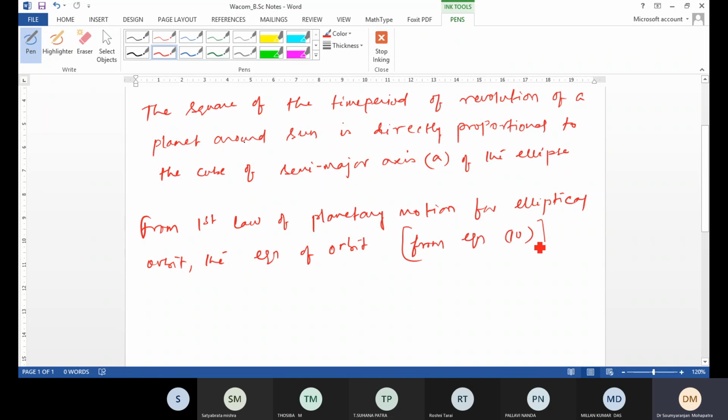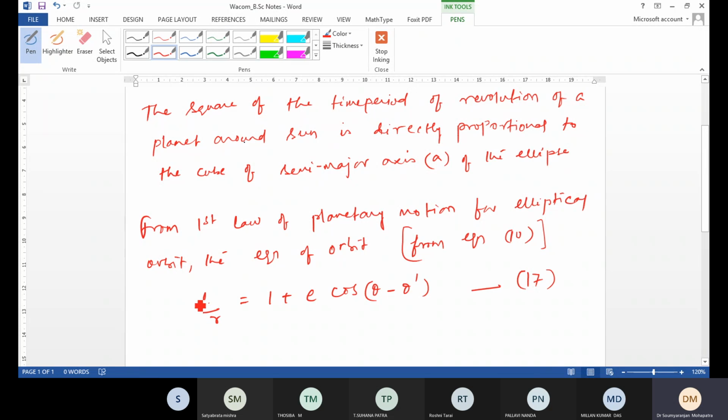So similarly, you see equation 10. You will find the equation is L by R equals 1 plus E cos of theta minus theta prime. Actually, equation 10 is not this exact equation. It was L square by mk, the whole divided by R. That means your latus rectum. Here in this equation number 17, L is called latus rectum.